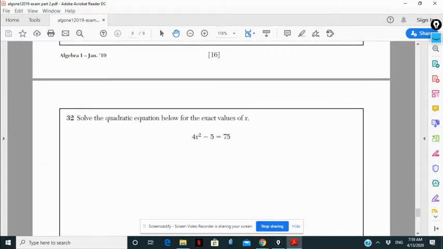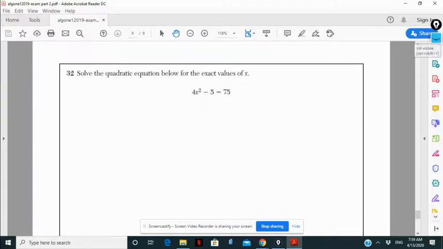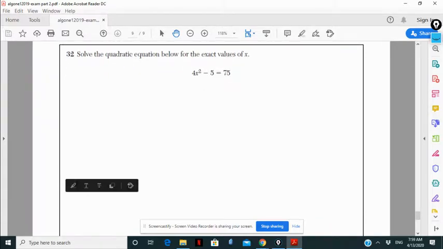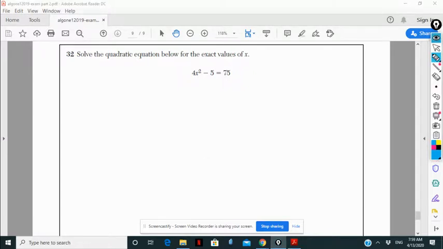Now, solve the quadratic equation below for exact value for x. So the first step: add 5 to both sides. So x squared equal to 80.